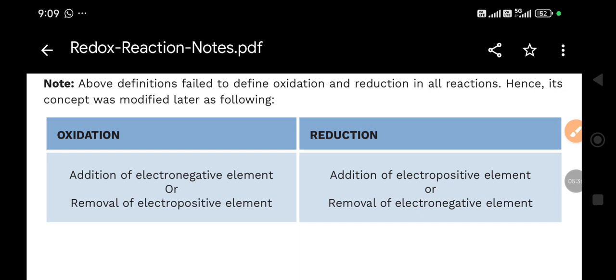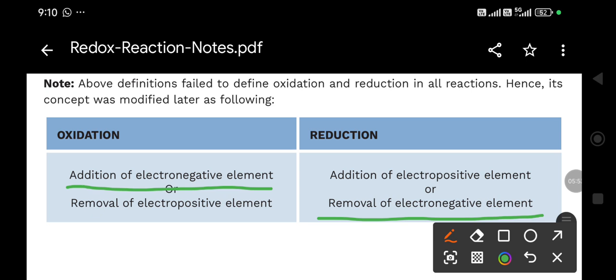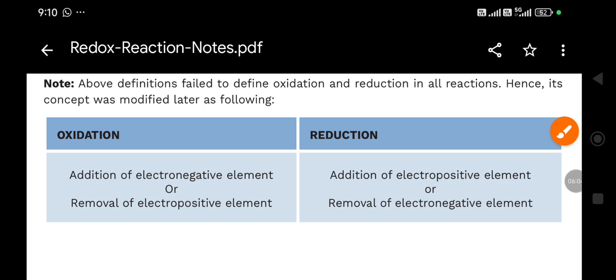Oxygen is an electronegative element, so in place of oxygen we can use any electronegative element. Addition of an electronegative element is oxidation and removal of an electronegative element is reduction. Similarly for electropositive elements, removal of an electropositive element is oxidation and addition of an electropositive element is reduction.